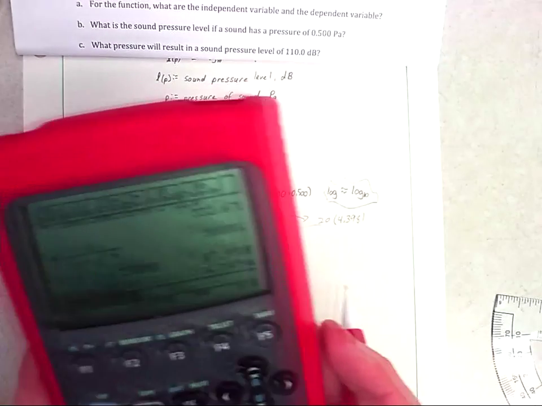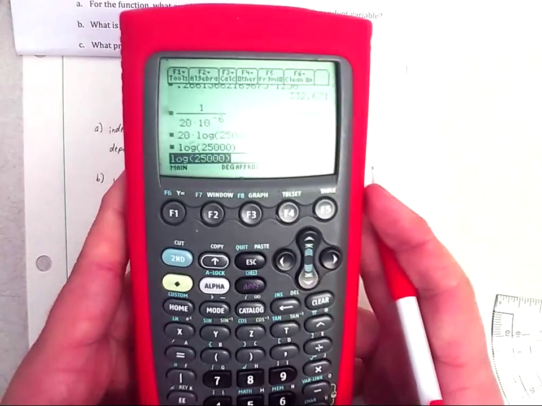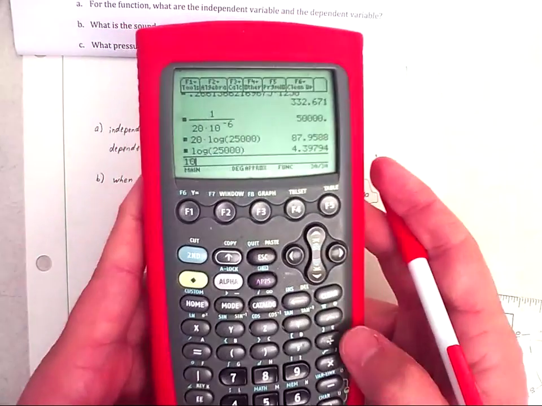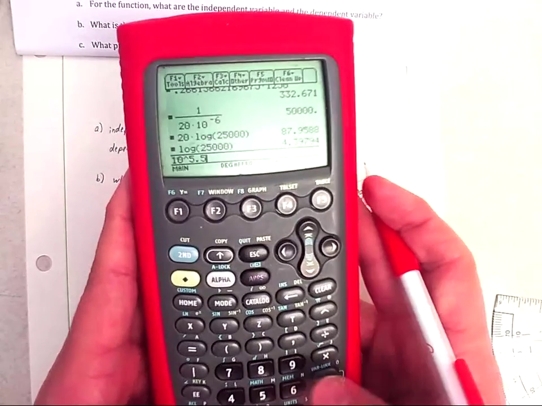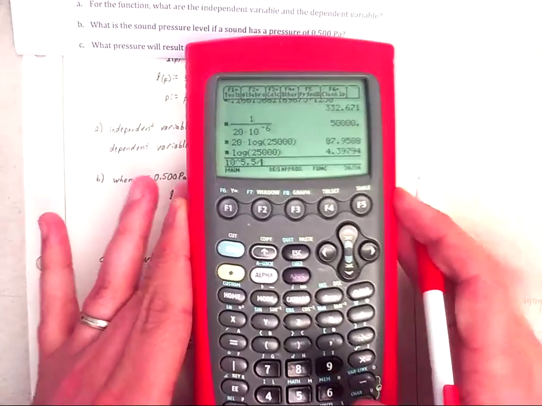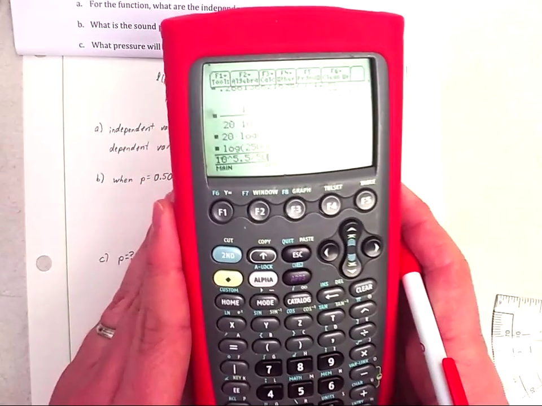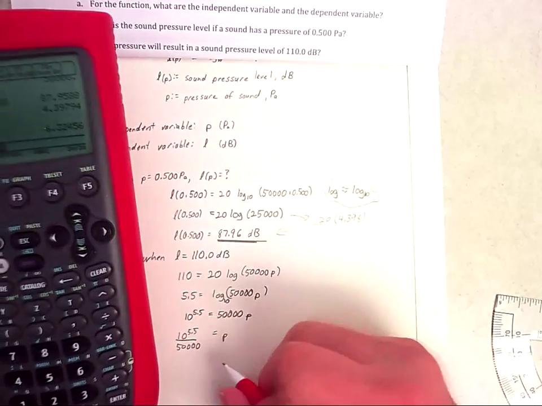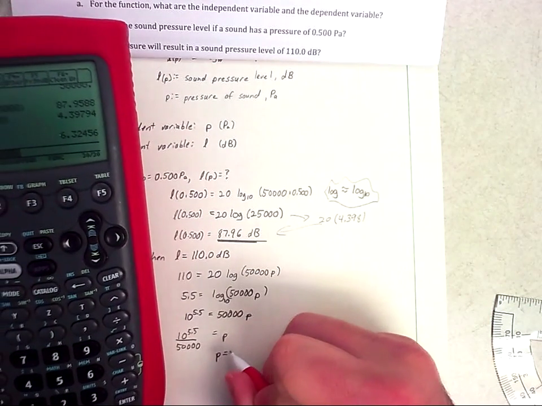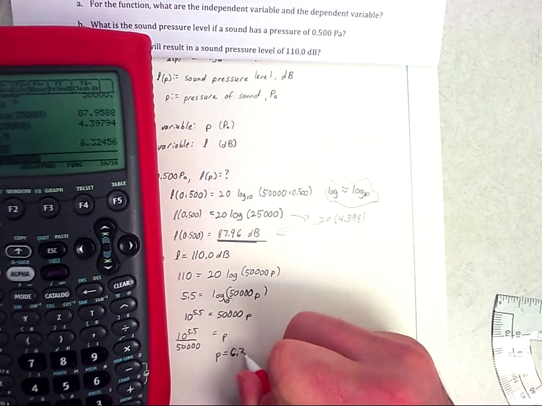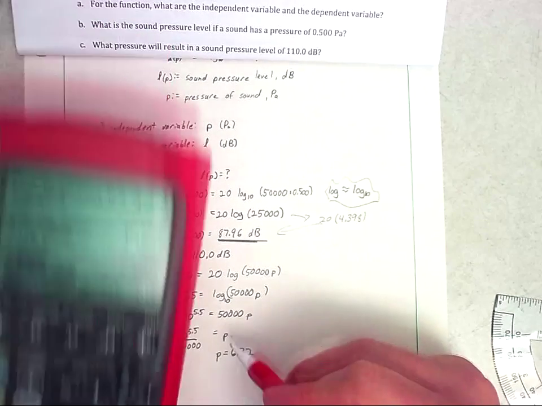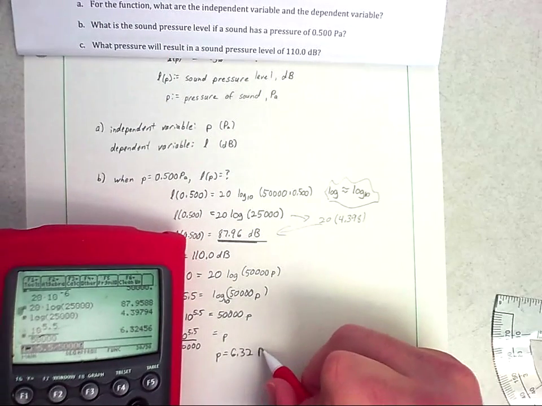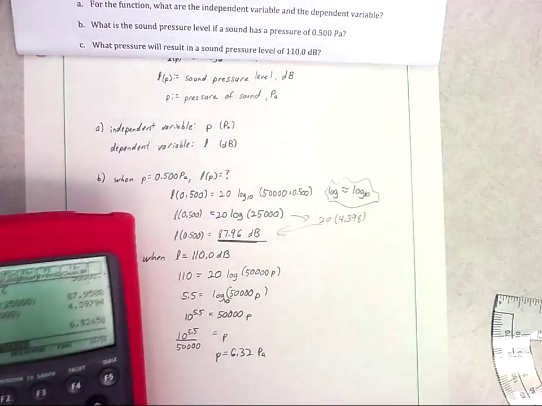And so I can punch that in my calculator real quick. 10 raised to the 5.5, a lot easier than finding them doing log, divided by 50,000. So I get that P equals 6.32. It's a pressure, so I know the units were pascals.